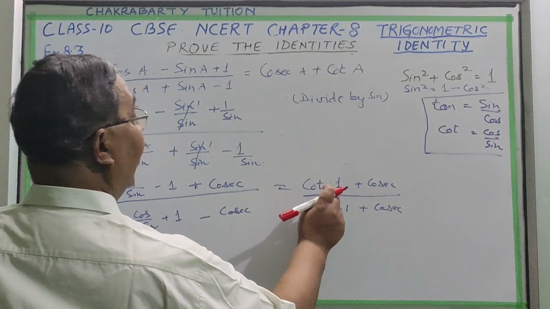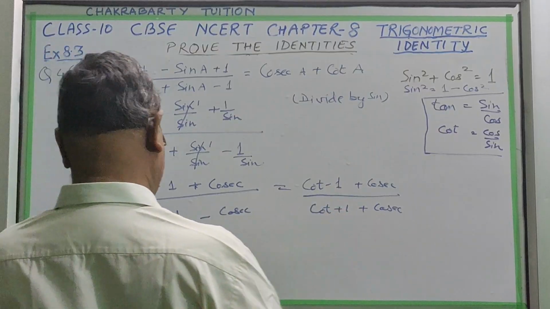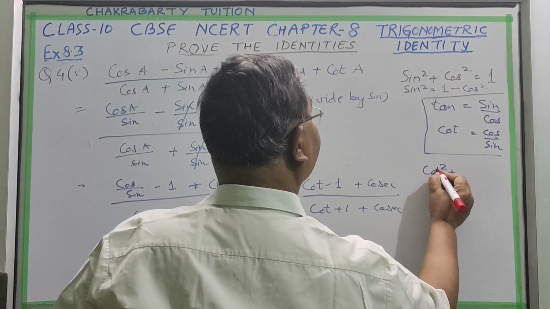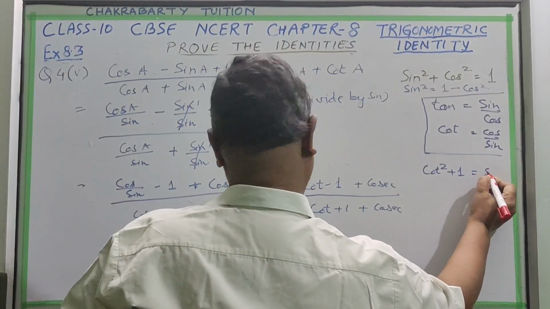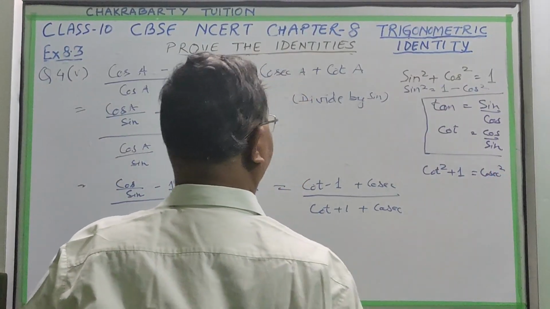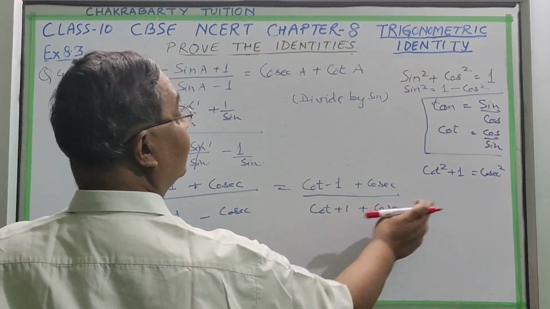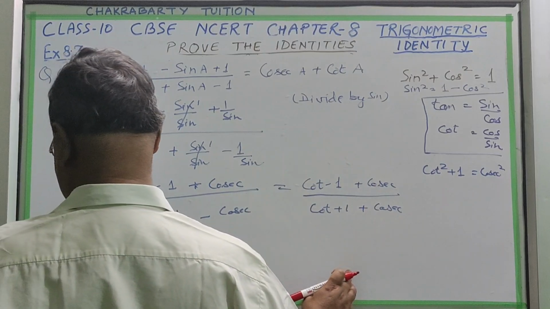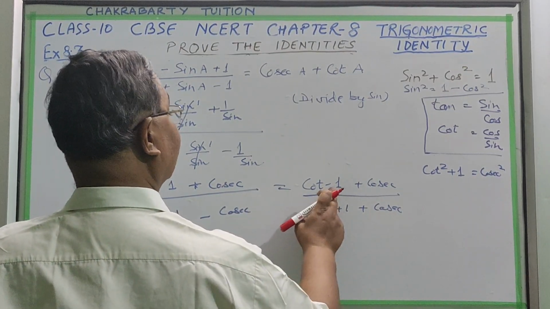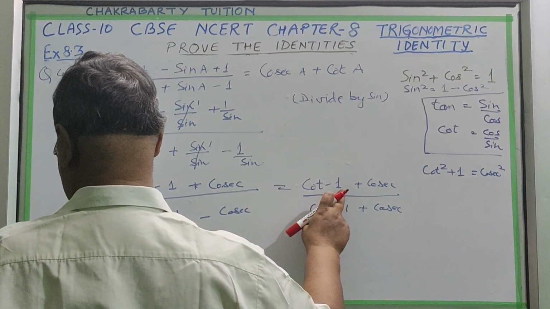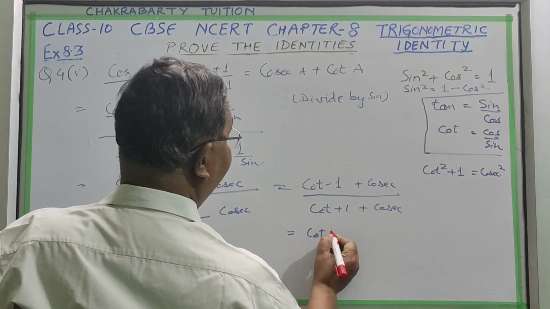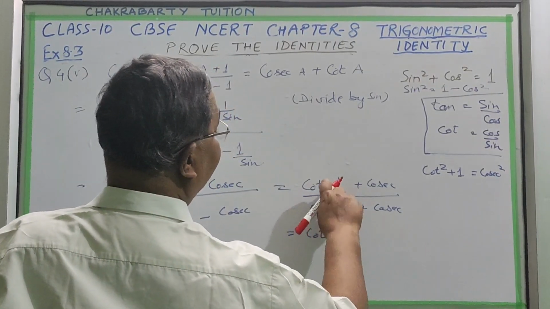Cot minus 1, we have an identity: cot square plus 1 is equal to cosec square. This is one formula. So cot plus 1 we can write as cosec square, and here cot minus 1. If we take out the minus sign, it will become a plus sign.